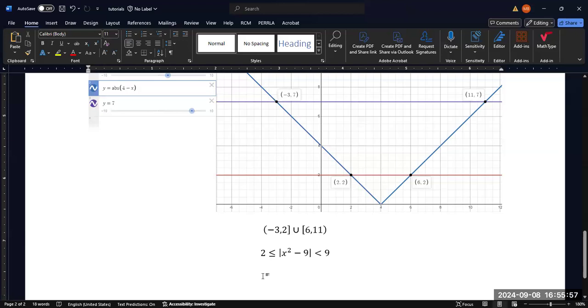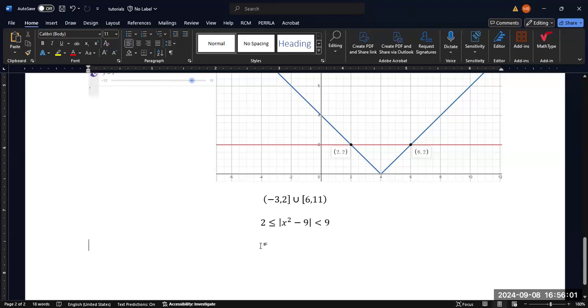Now, this problem is going to work somewhat similarly, although we're going to end up with non-integer solutions that we are going to have to find exact answers for algebraically. But let's look at the graph and see what our intervals are going to look like.